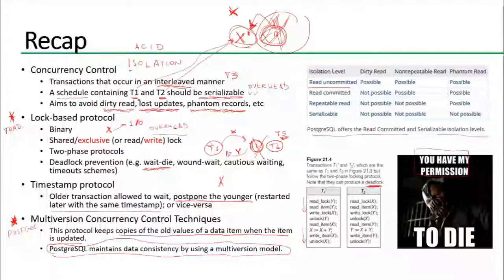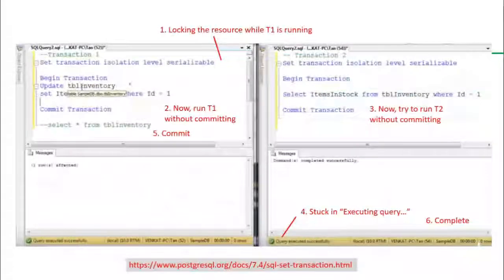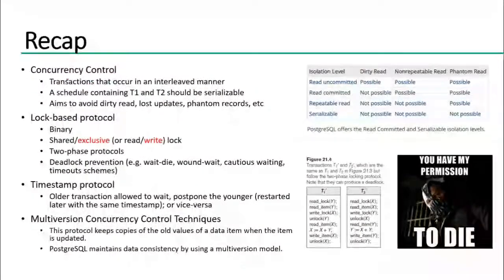Let's see some examples of the implementation of levels of isolation. So hopefully now you have a good idea of the overall picture of what concurrency control is, when it's necessary, which problems we are trying to prevent, the possible levels of isolation, and which ones are implemented in Postgres.